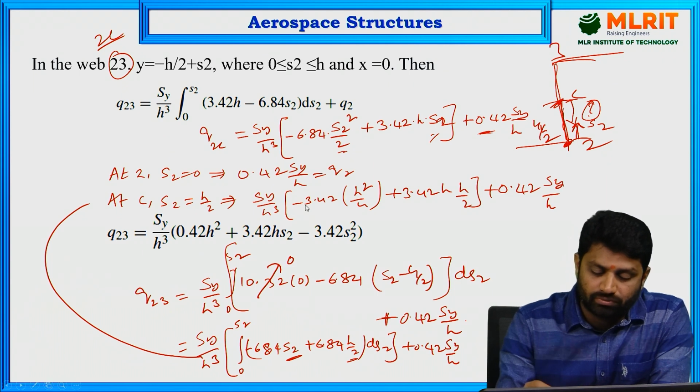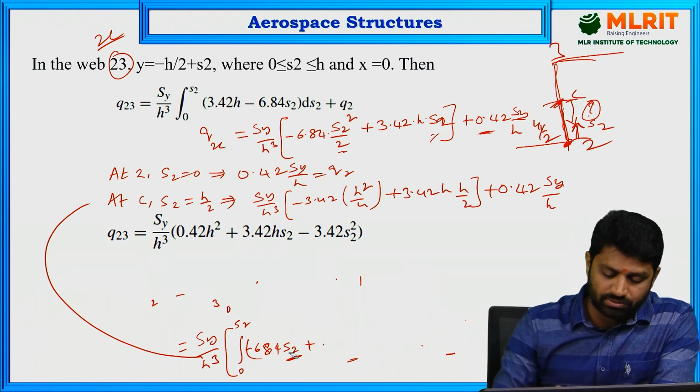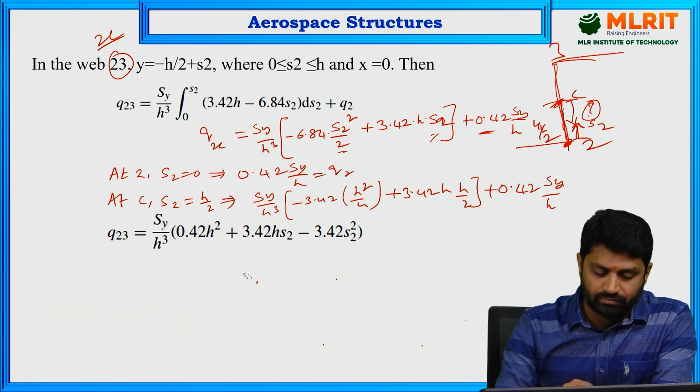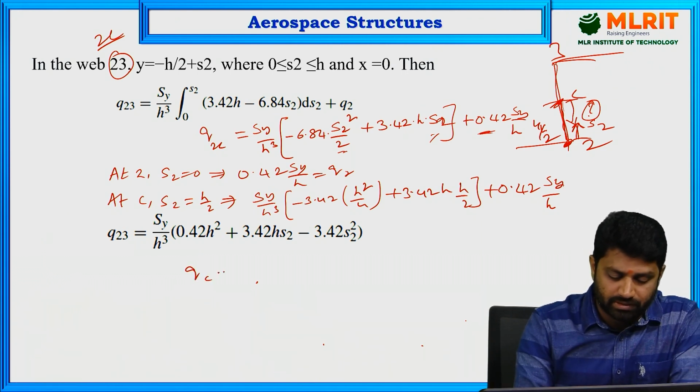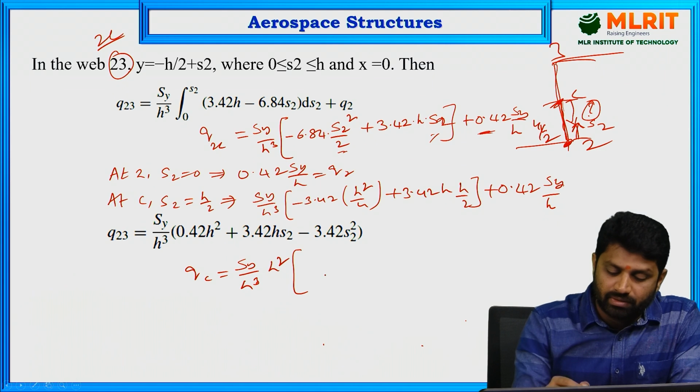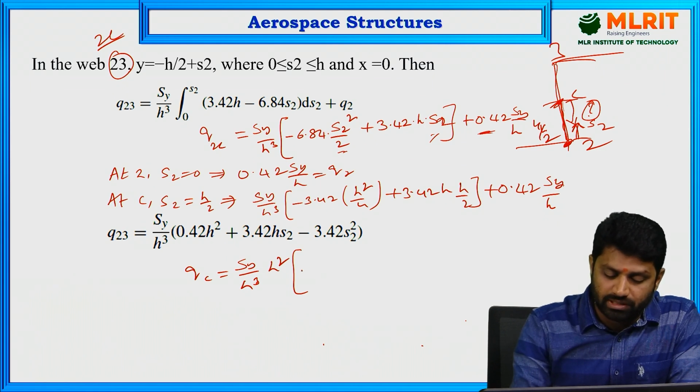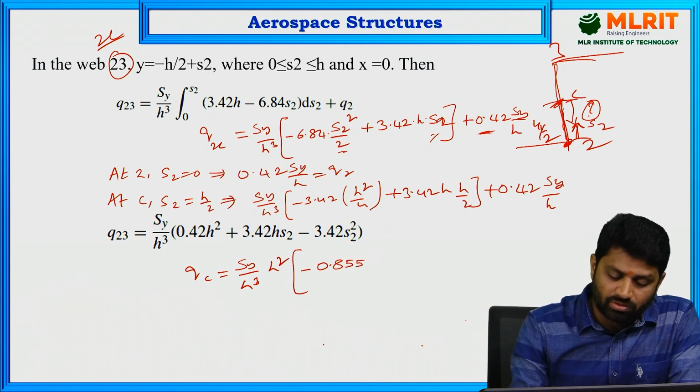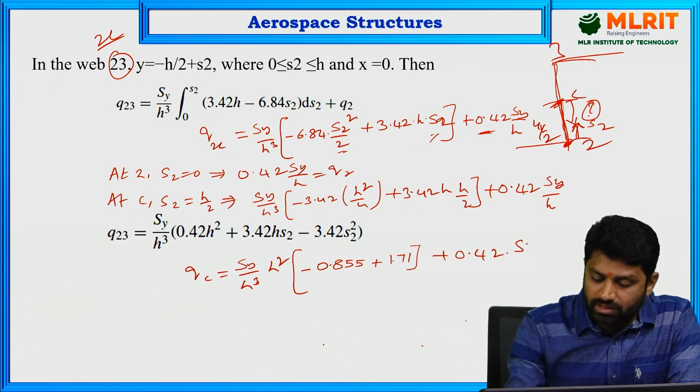Okay, so from this let's try to calculate that also, so that it will become easier for you to understand. Right, now this qc equals Sy by h cube, and I am taking h square common here, and minus 3.42 by 4, so that is minus 0.855. So h square already we took common, and plus here you are going to get 1.71, plus 0.42 Sy by h.